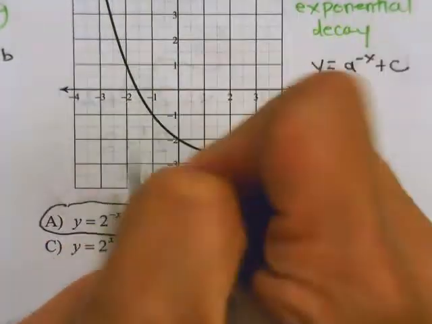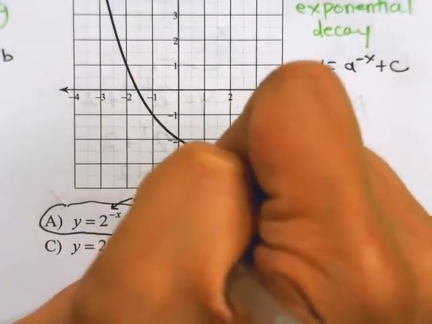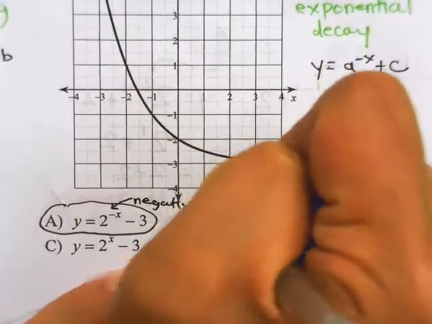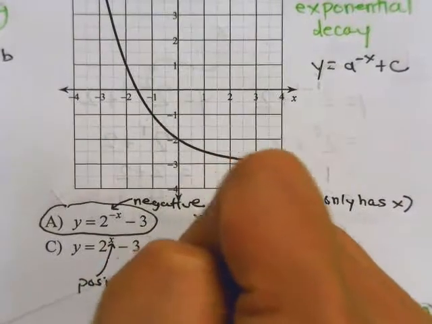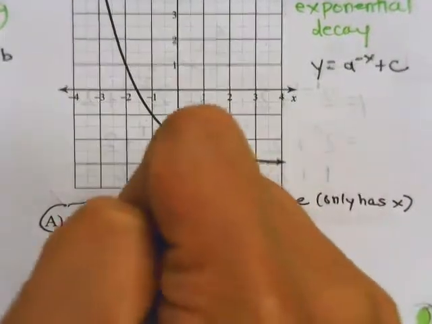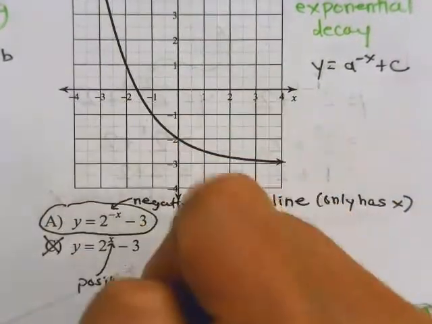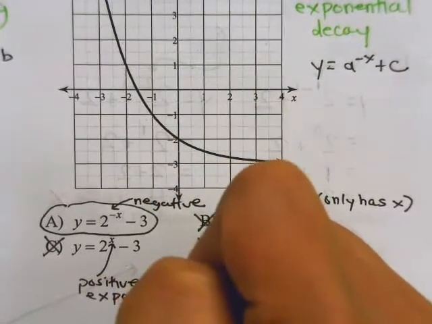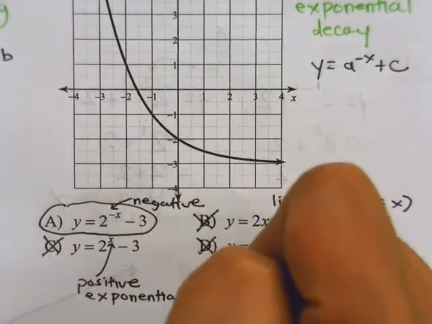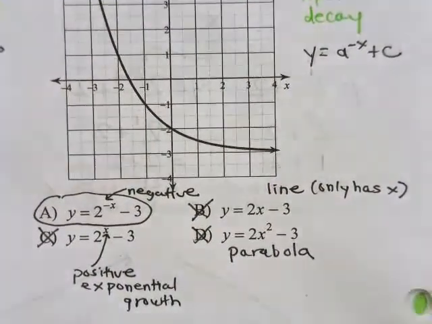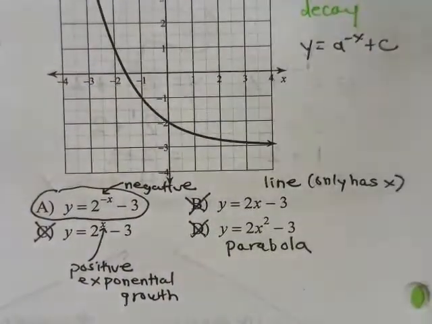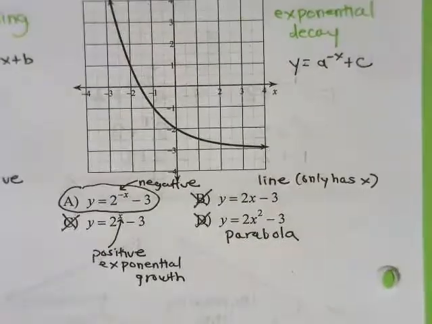Okay, so there's a negative over here. And then here, it's positive. So if it was a positive, this is an exponential growth. But this is not a growth. This graph over here, this is an exponential decay, which is what we want. So the choice for here is going to be A.